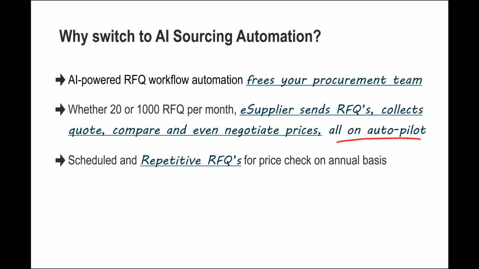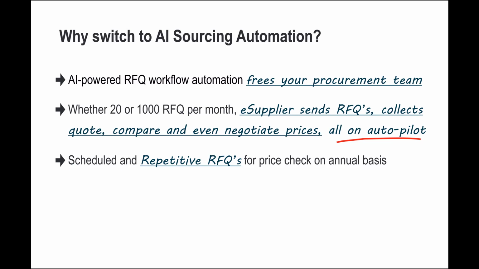You can also schedule repetitive RFQs for price checks, maybe, or for rate contracts which you normally engage in on an annual basis. For example, say your company does a rate contract for pest control. That is done generally on 1st of April every year. So you create an RFQ, you set it on auto mode.